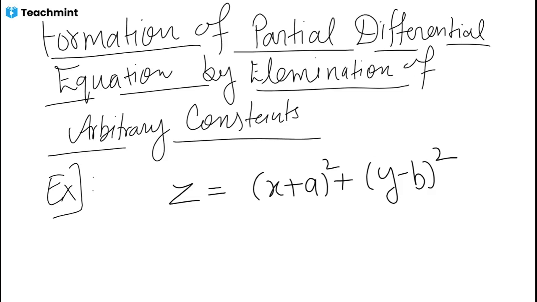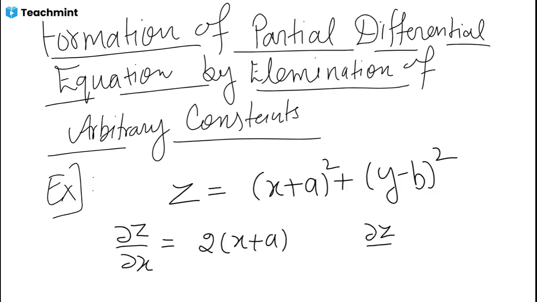As we know, in a partial differential equation we need derivatives. So let us find the derivatives of z. Del z over del x will be 2 times x plus a, and del z over del y will be 2 times y minus b.